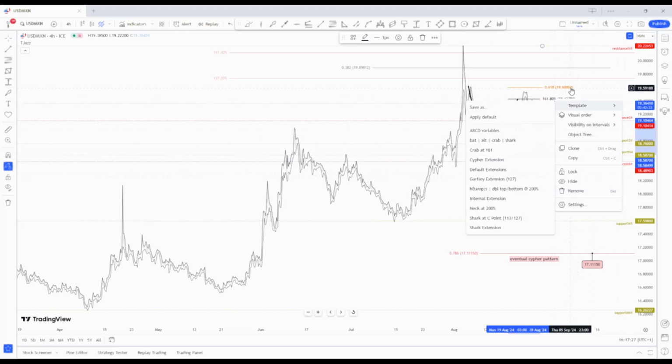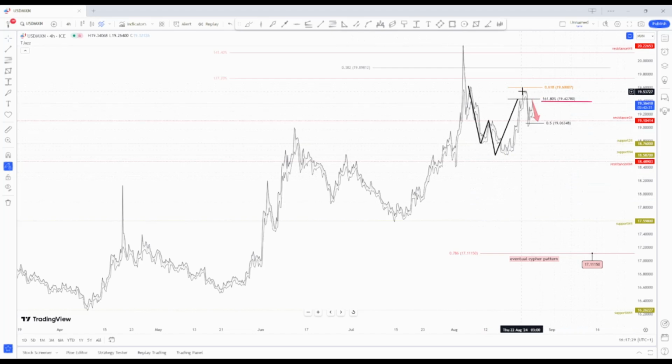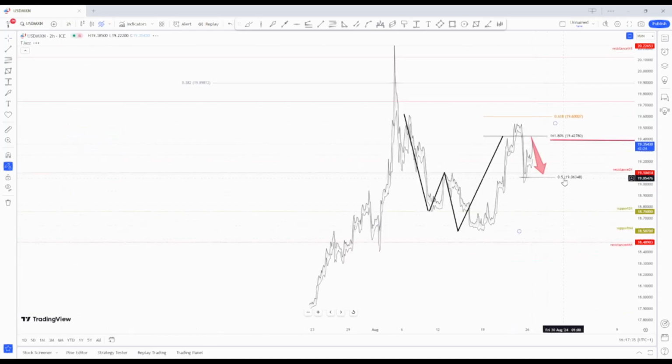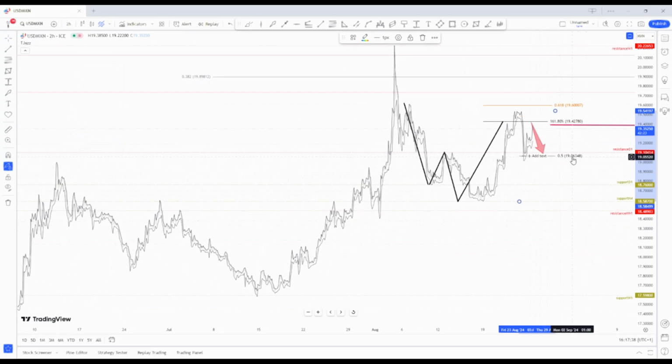Golden Fibonacci extension level completing the bearish shark pattern. We always consider the potential pullback to the 50% Fibonacci level. As you can see, we have the 50% Fibonacci at 19.06, support and a bounce. Eventually, we will see more momentum to the upside after this sequence.